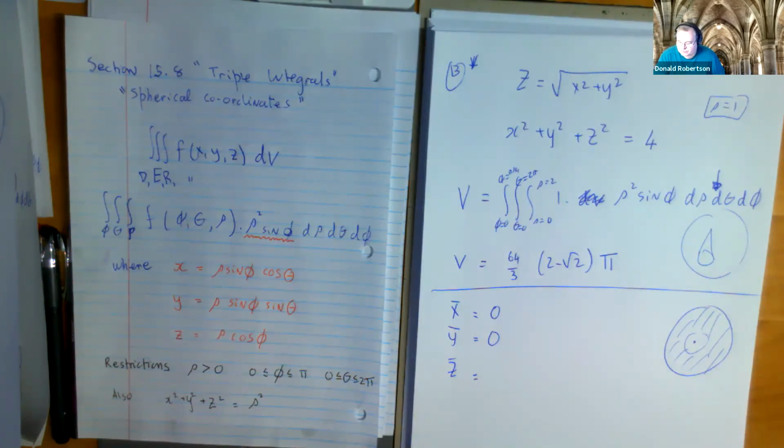Has that convinced anyone or not? If it doesn't convince you, you can spend another half hour finding x bar and getting 0, finding y bar and getting 0, and then say, oh, it was 0, 0. That's totally okay as well. I'm just trying to use symmetry.